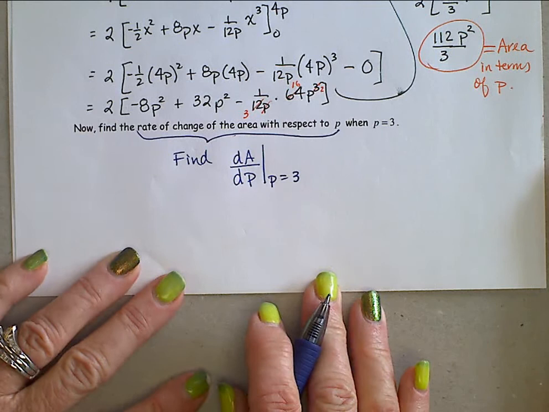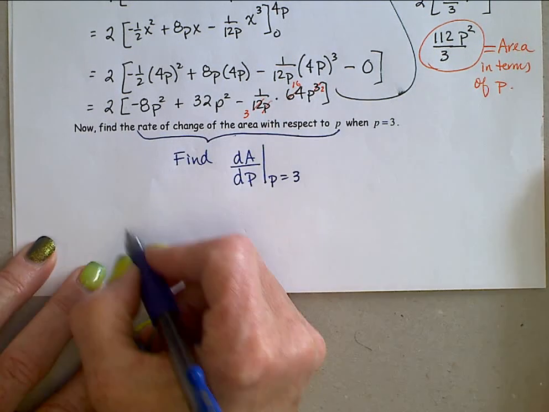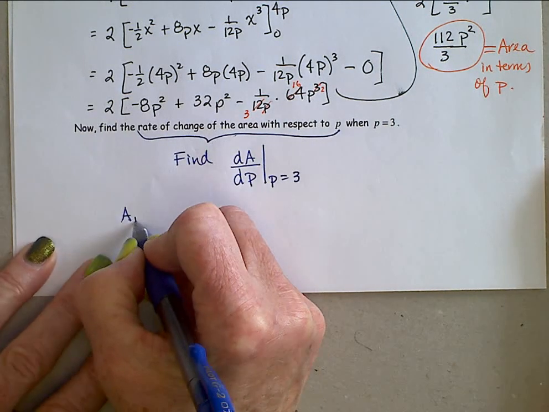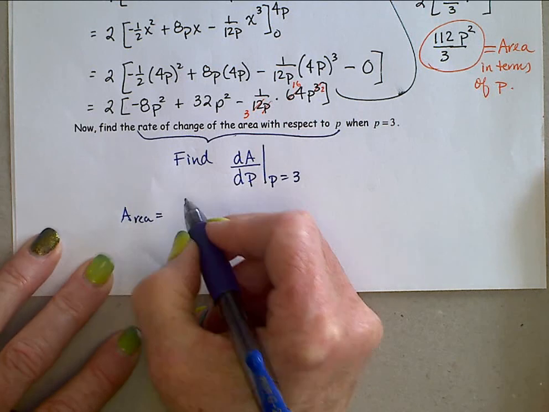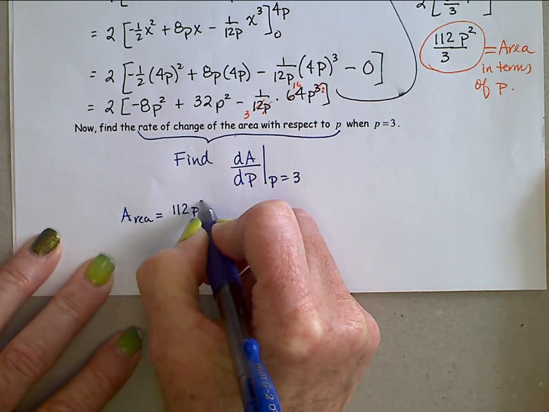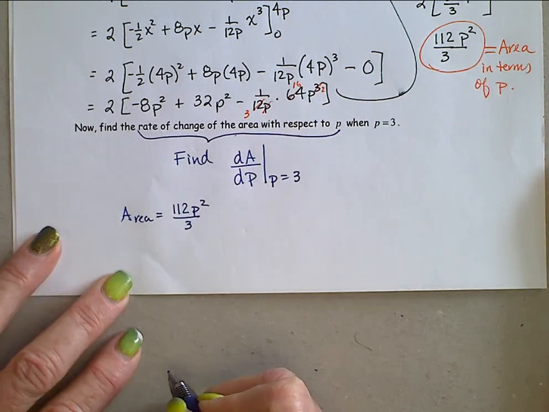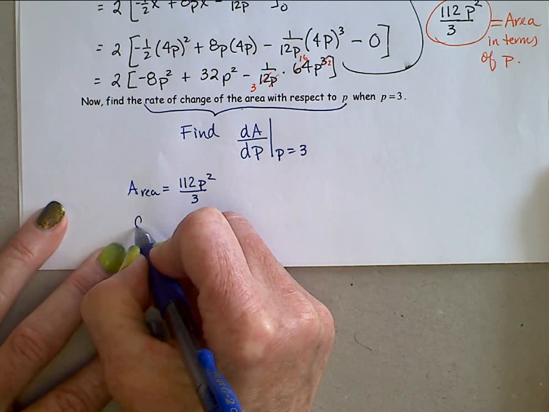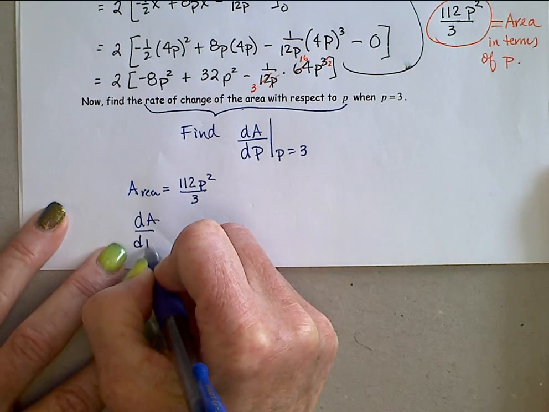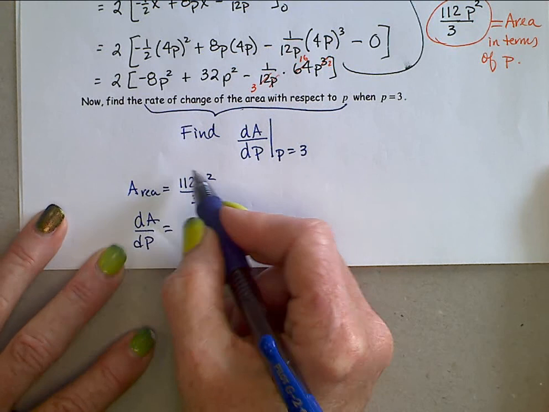Well, right here we know that area is 112 p squared over 3.